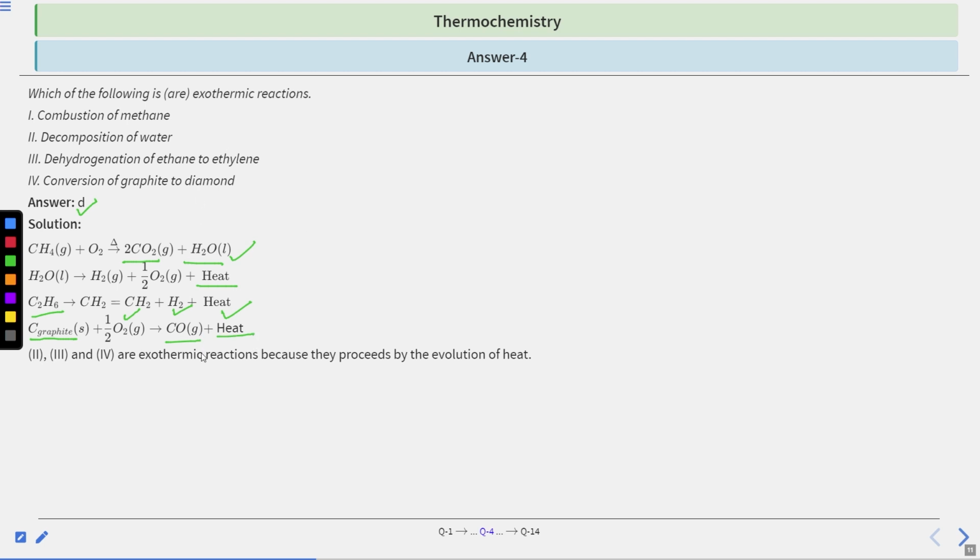So you can observe that decomposition of water, dehydrogenation of ethane to ethylene and conversion of graphite to diamond are exothermic reactions because they proceed by the evolution of heat. In three of them, the heat is evolving. That's why they are all exothermic reactions. Okay, so that's why option D will be the correct answer.